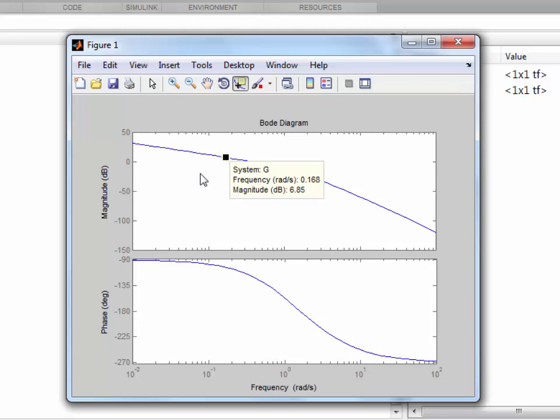So for example, if we wanted to see where the gain crossover frequency is, where the magnitude plot crosses 0 dB, we could go along and we can see between 0.34 radians per second where the magnitude is positive decibels and 0.431 where the magnitude is negative decibels, the gain crossover frequency is somewhere in between those two.